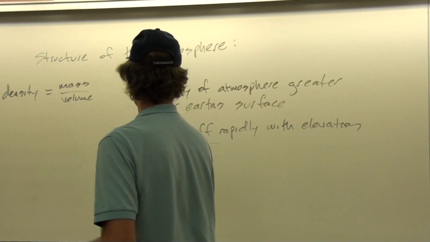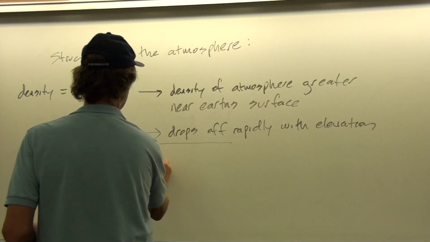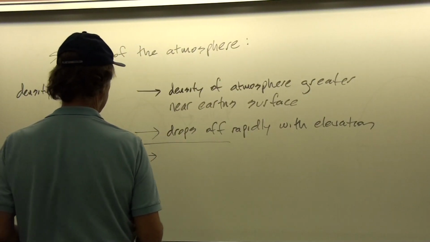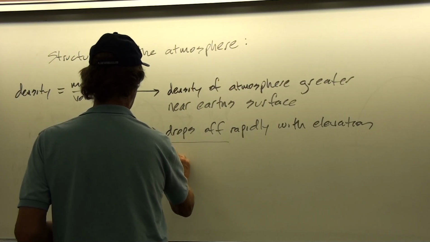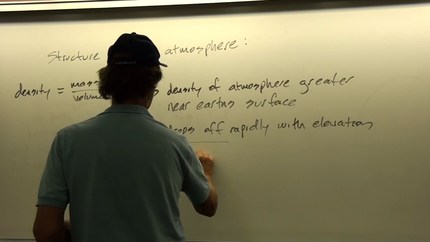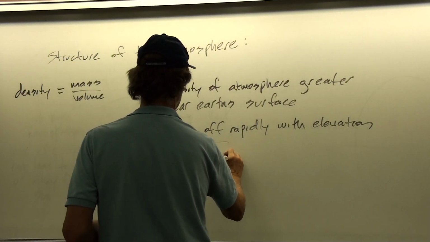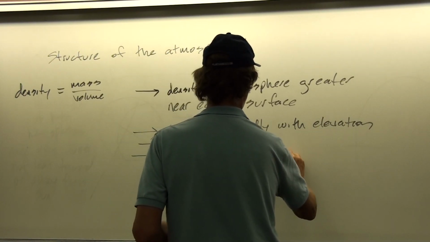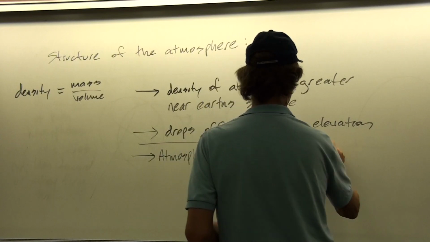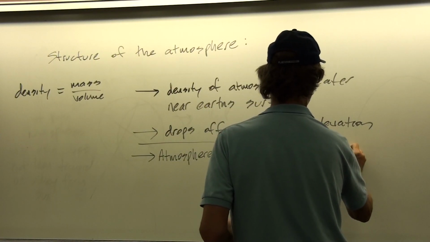So it's considered safe to put a rocket at 200-mile orbital distance from the surface. So we can say that the atmosphere extends to something like 150 to 200 miles.